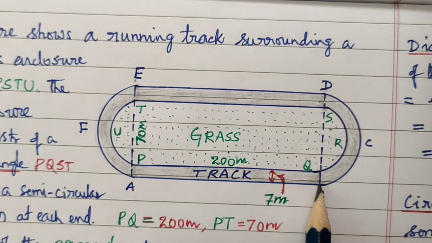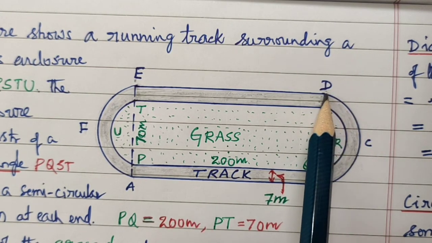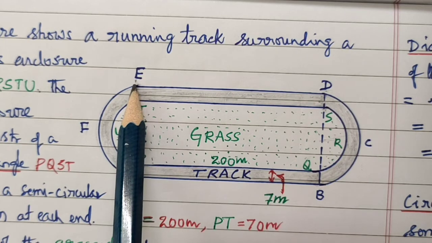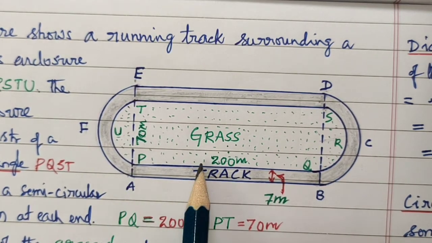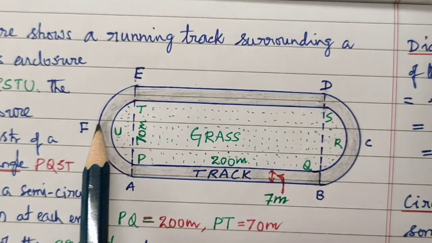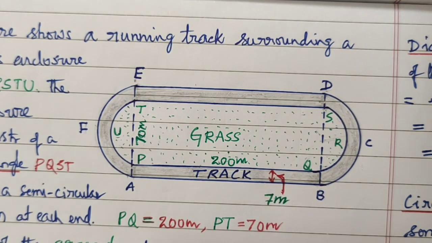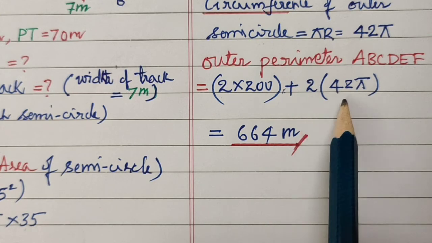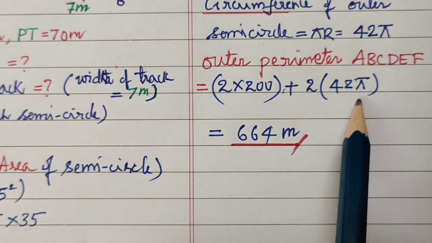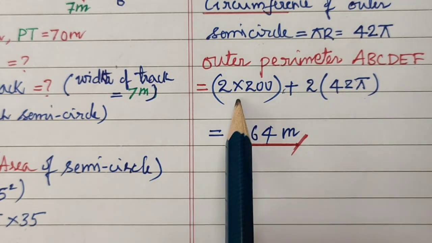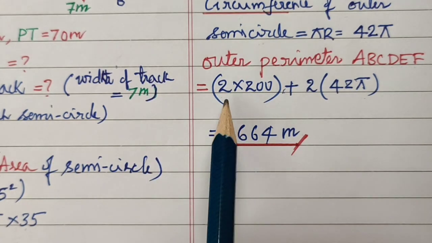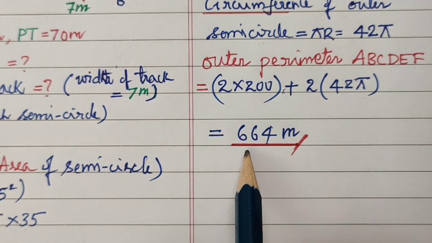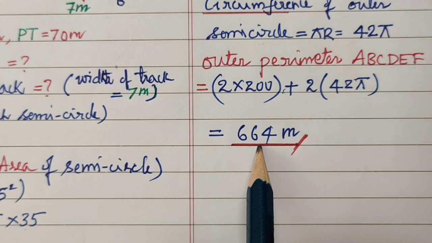Then each outer semicircle is 42 pi. So the perimeter is 2 times 200 plus 2 times 42 pi, because there are 2 outer semicircles and 2 sides in the perimeter. After calculations we got the perimeter as 664 meters.